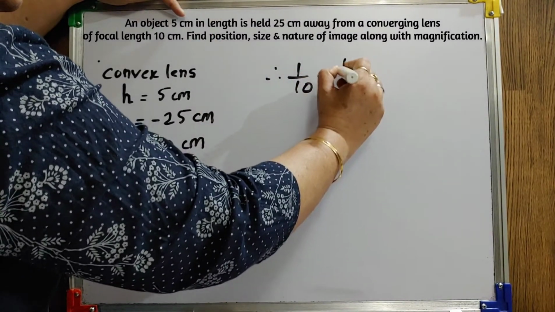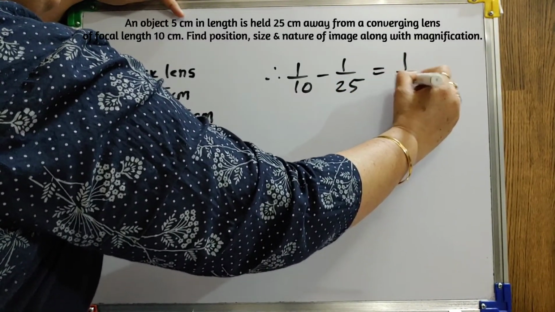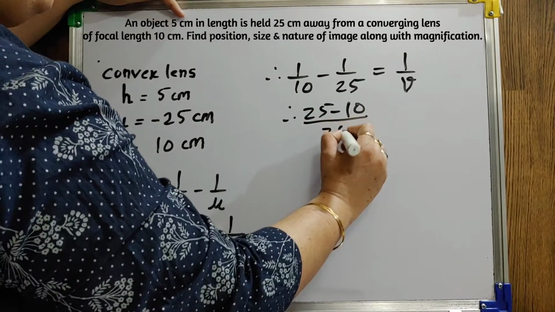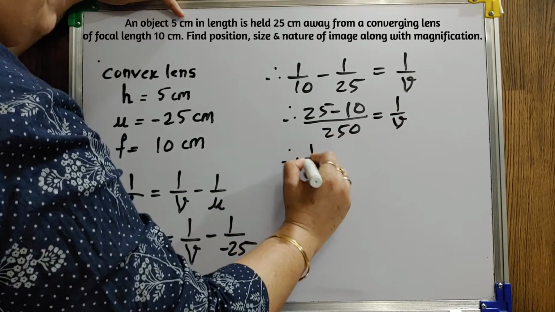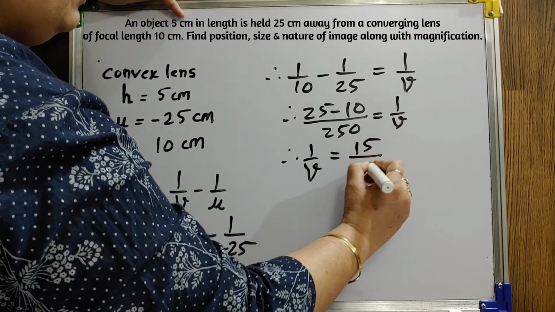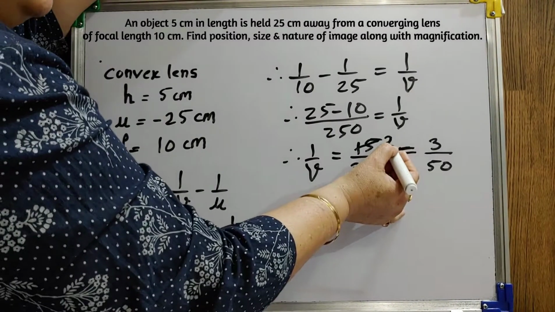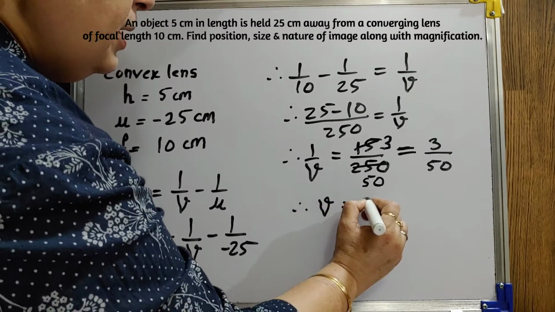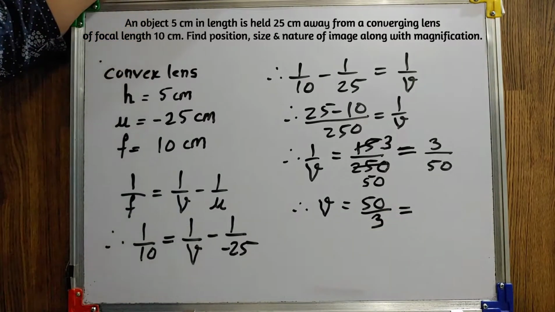Again when you transfer this side it will be negative, so 1 by v is 25 minus 10 by 250. So your 1 by v is 15 by 250. When you reduce, you will get 3 by 50. Take the reciprocal, so your v is 50 by 3.